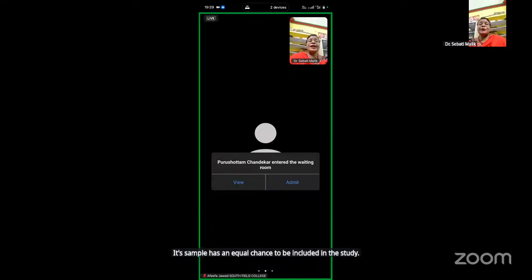Then cluster sampling. The population is divided into naturally existing groups, and a random sample of clusters is selected to be studied. To study a country like India, it is divided into states, and one state is chosen.